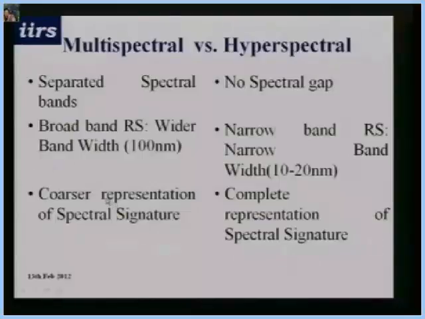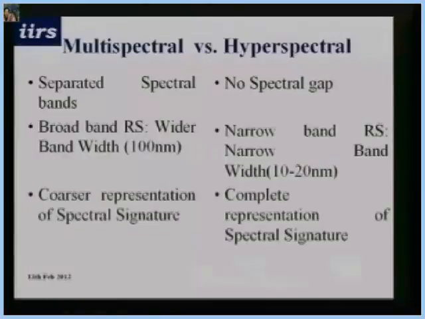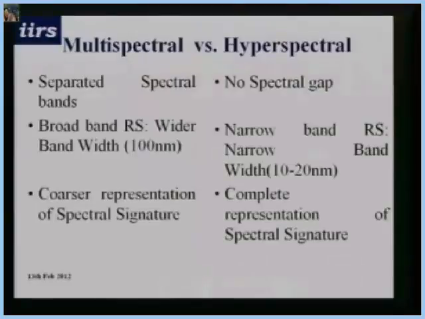Multispectral remote sensing is broadband remote sensing with larger bandwidths, like 100 nanometers, whereas hyperspectral remote sensing is narrowband remote sensing with a bandwidth of the order of 5 to 10 or 10 to 20 nanometers. Multispectral provides a coarser representation of the spectral signature, whereas hyperspectral provides a complete, continuous representation of the spectral signature.